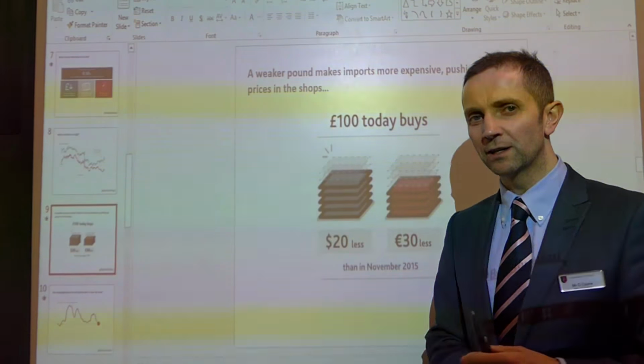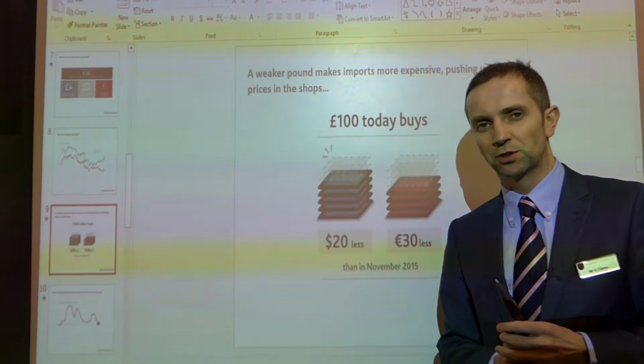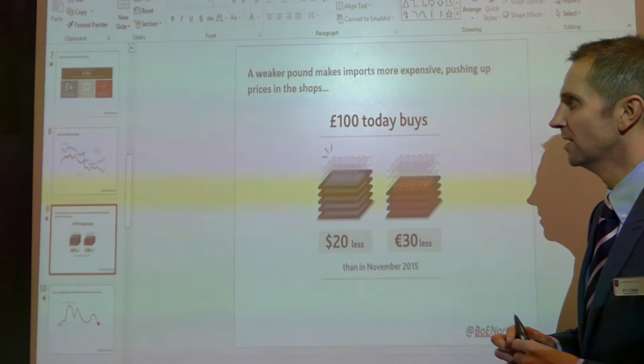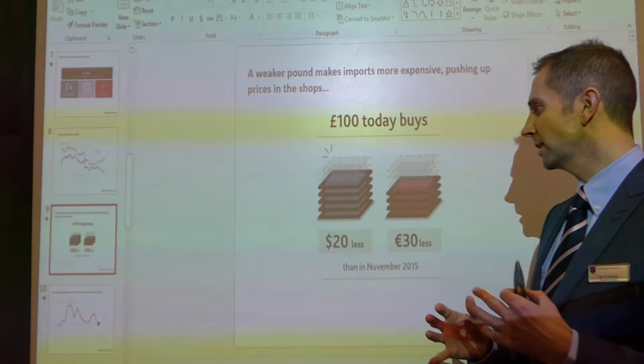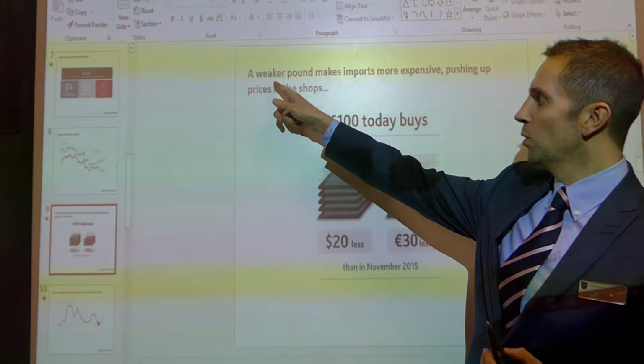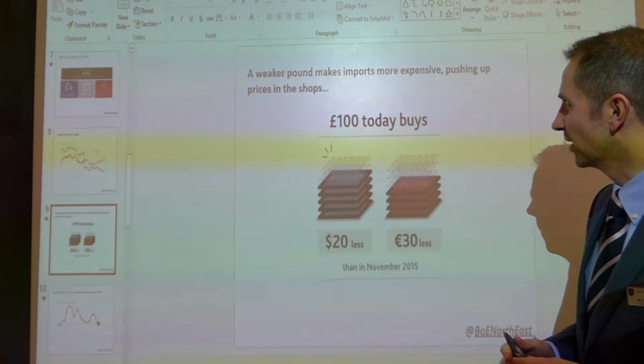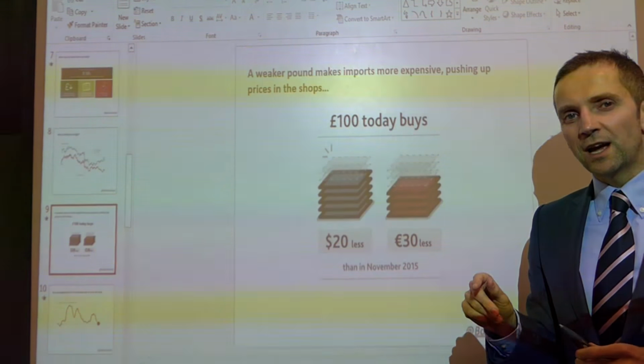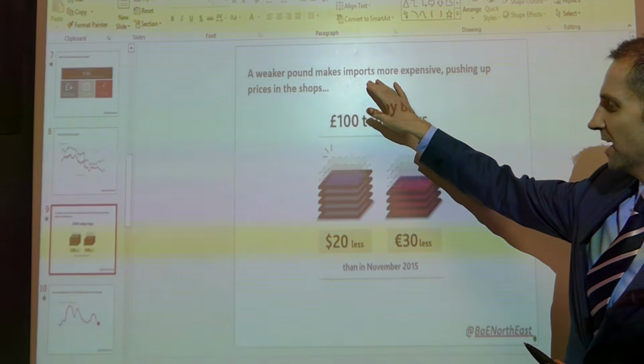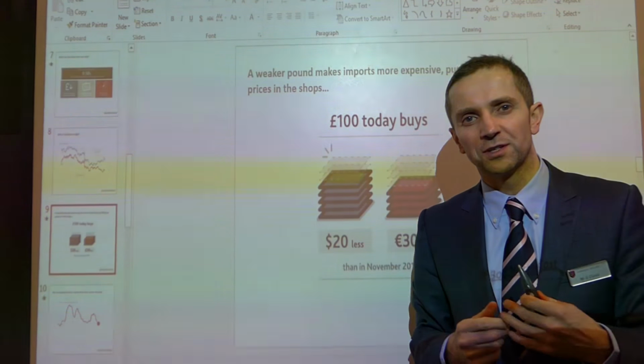Interestingly, we had a guest speaker to school just last week from the Bank of England, and one of the things that he was talking about was the whole notion of a weaker pound. We'll say a little bit about that later, but the way in which that impacts the price of imports and hence the price of things in the shop.